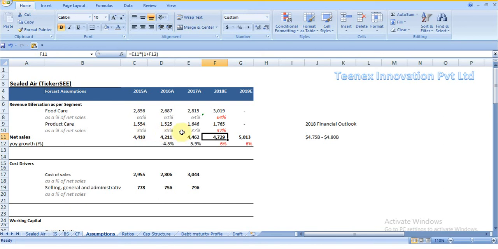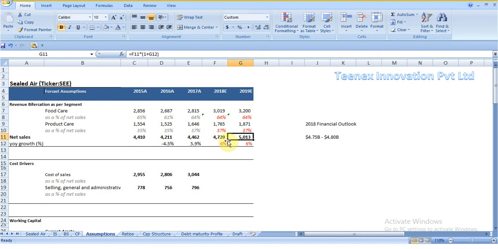So it has largely remained the same historically. Going forward I can assume it the same, so that I can get my revenue forecast easily for 2018 and 2019. So here we have the forecasted net sales or revenue for the company.